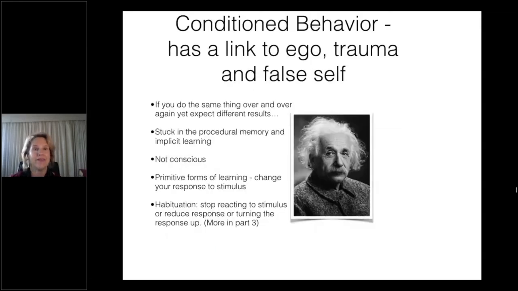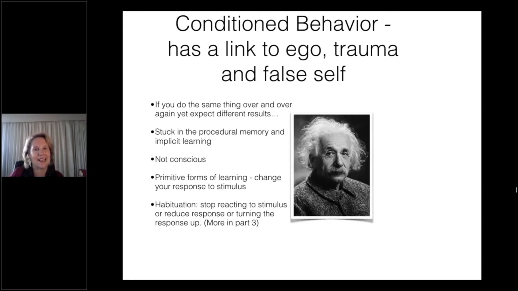It's conditioned behavior. And what I find is that has a link to the ego, trauma, and the false self, like the story of my dear student who couldn't find love because of the past trauma until he shifted his false self, his trauma, his negative beliefs.